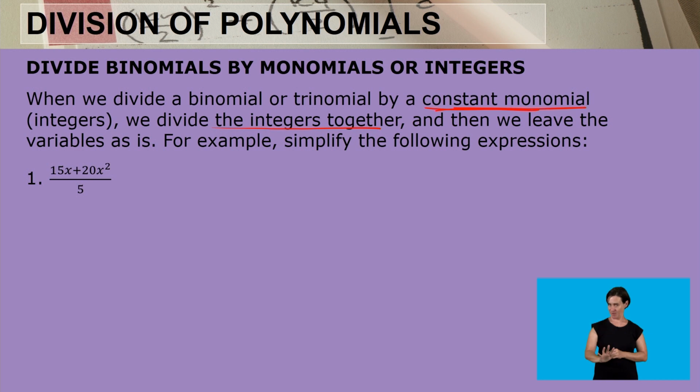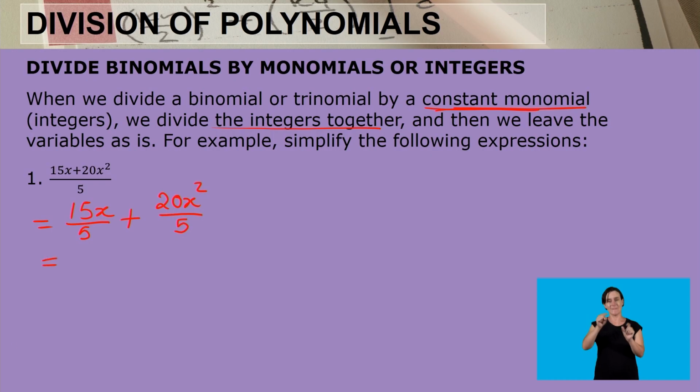Now, because this is a binomial, each of the terms in the binomial must divide by that 5. So that is going to be here 15x. It is going to divide by 5, and also the 20x squared is going to divide by 5. So each of the terms in the binomial must divide by 5.